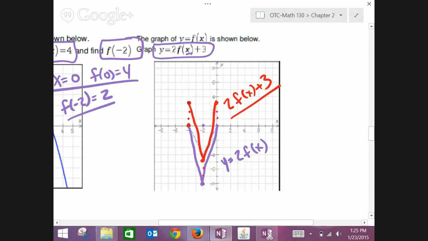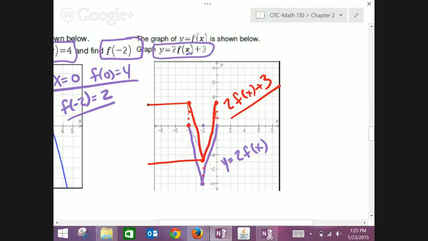My range changed, right? It went from 0 to minus 4; when I took 2 times f of x, it went from 0 to minus 8, and then I shifted it up 3, so minus 7 to 3.